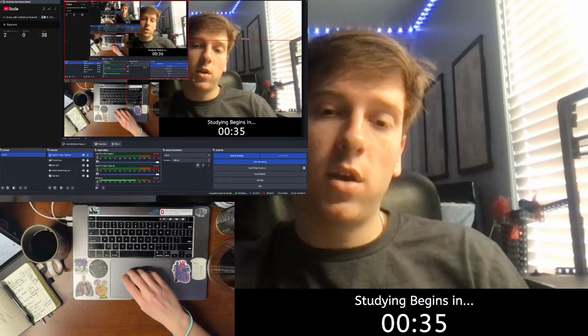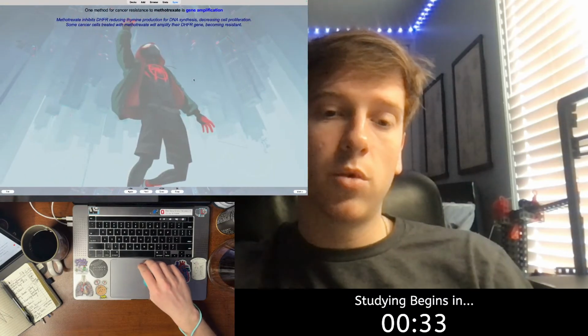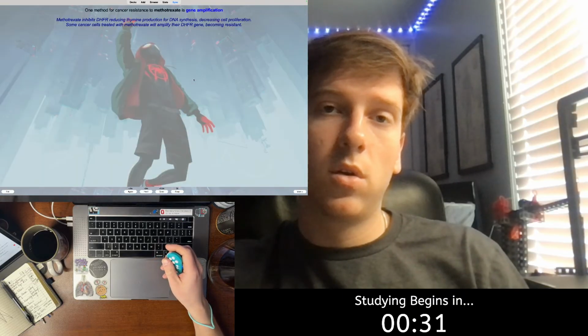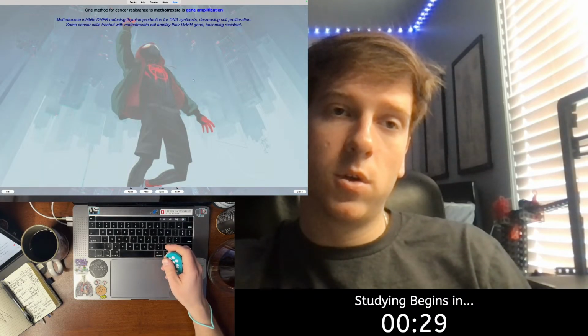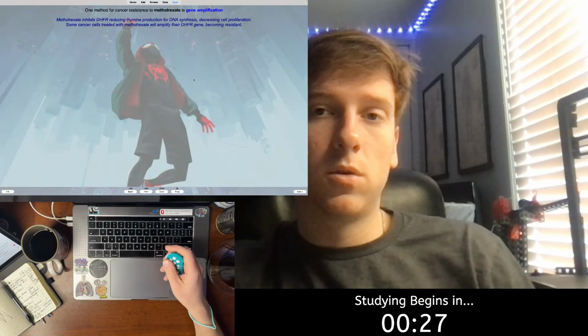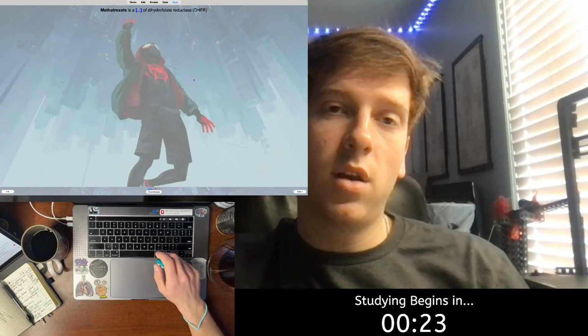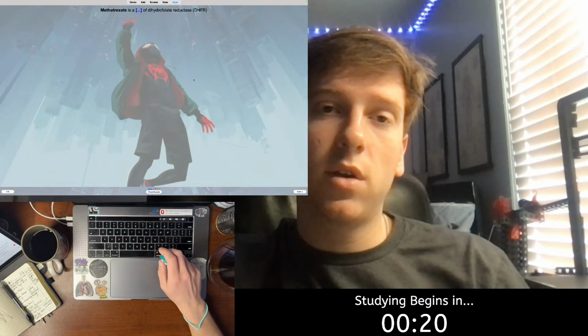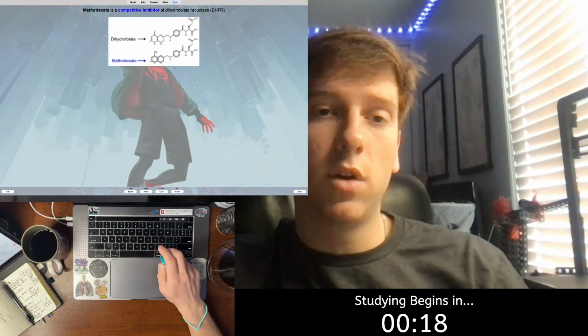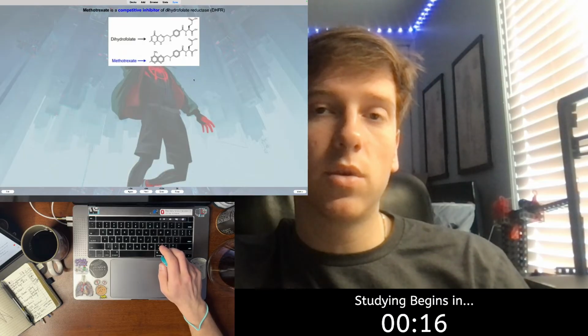We are almost at the end. Let's try to get a couple more cards in, so I got this one wrong. Methotrexate is an inhibitor of dihydrofolate reductase. Competitive inhibitor versus dihydrofolate. That makes sense.